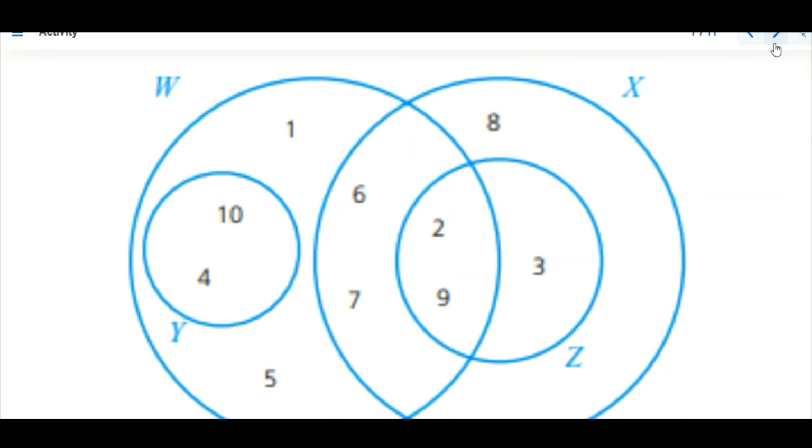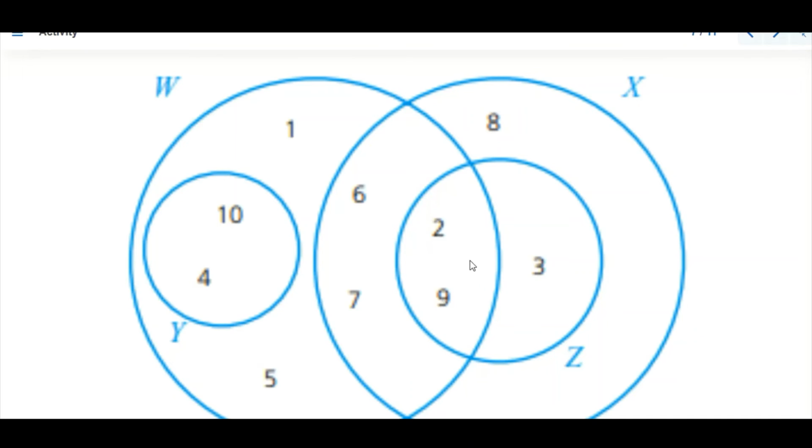Now let's look at an activity. We study this together. This is X, this is Y, this is W, and we have Z here. Y is a subset of W, because Y can be found in W. Z is a subset of X, because Z can be found in X. The intersection of W and X is what? 6, 2, 9, 7.